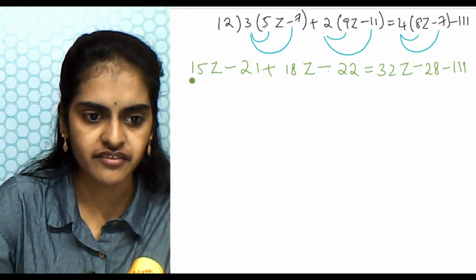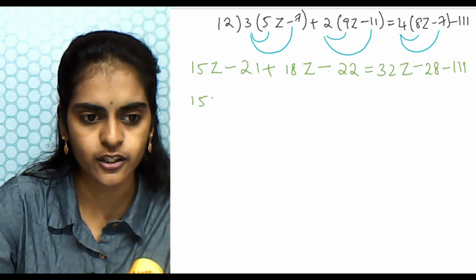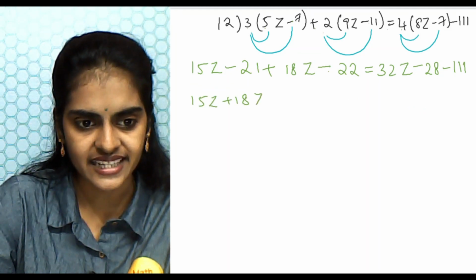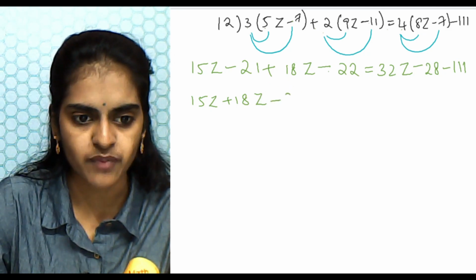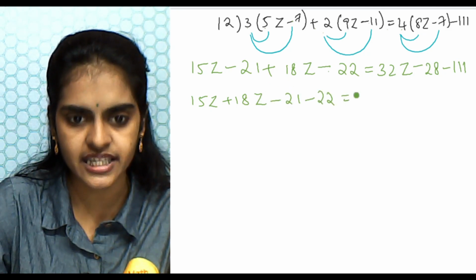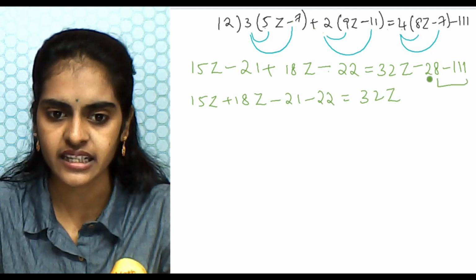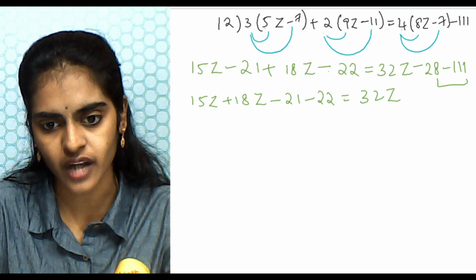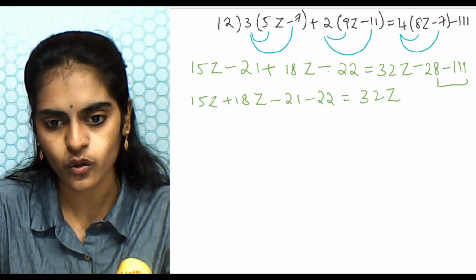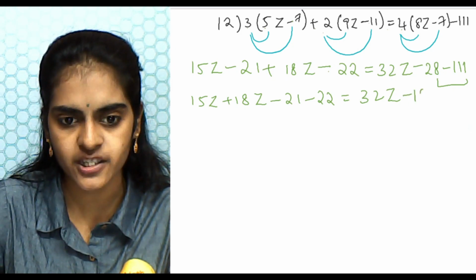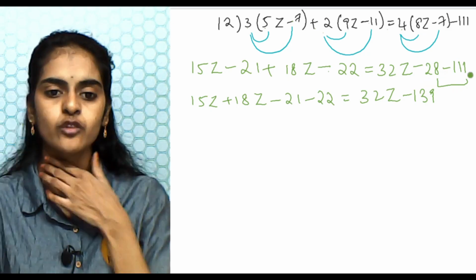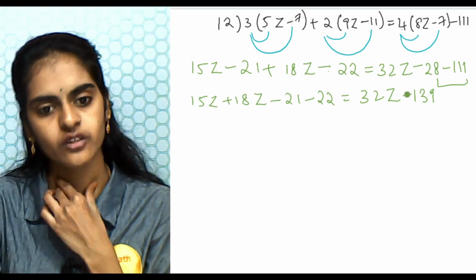Clear? Now you have 15z here, 18z. Let us bring them to one side. 15z plus 18z. Okay, and this is minus 21 minus 22, is equal to 32z. Now these two, two negative integers you have. So if you add them, what will you get? So solving, you will get minus 139. Okay, when you have two negative integers, you will add them and you will write a minus sign.